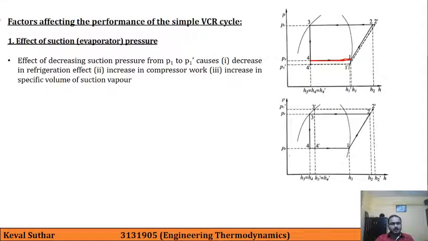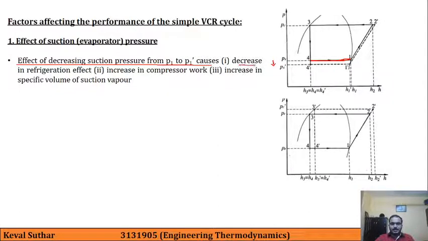So here first we will discuss about effect of decreasing the suction pressure from P1 to P1 prime. So here we have reduced the suction pressure in this way. So what has happened here?